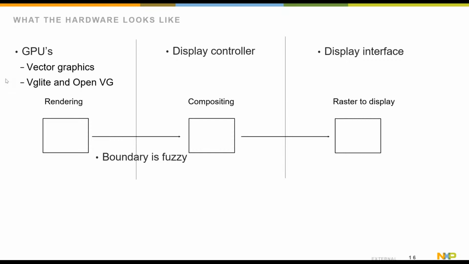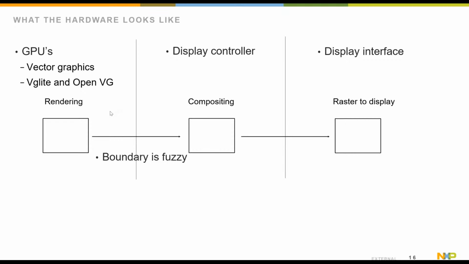Some of the compositing happens within the GPU, some can happen within the display controllers. We also have a PXP, a pixel processing engine that does layering and some other functions, so that can do the compositing, whereas the GPUs can just do paths, draw lines and things like that, and apply textures. Then the display controllers do the blending. So there's a fuzzy boundary there, and that makes it more complicated.